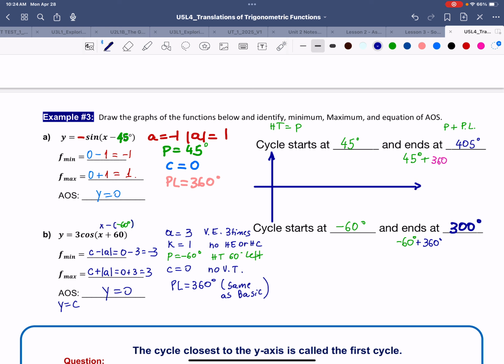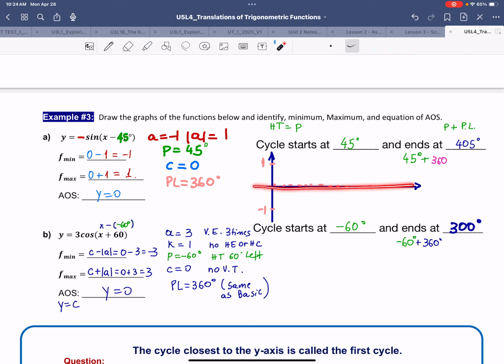We can start with drawing the axis of symmetry, which we know is going to be at y equals 0, and labeling the vertical axis, which should accommodate the min and the max, positive and negative 1. So with this, we are done with the vertical axis.